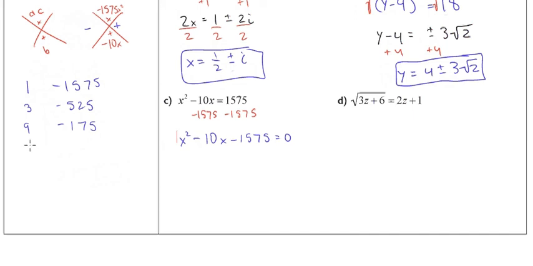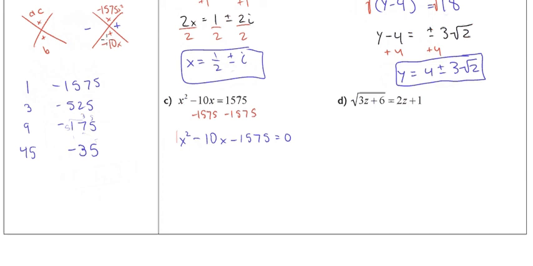I'm going to jump a little bit. And maybe I'll jump too far, but I see that the 5 would factor out of that, so multiply this side by 5 and divide this side by 5, and I come up with 45 and negative 35, and so I went too far.